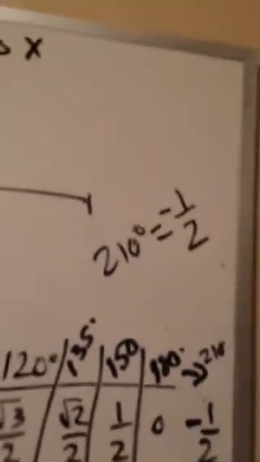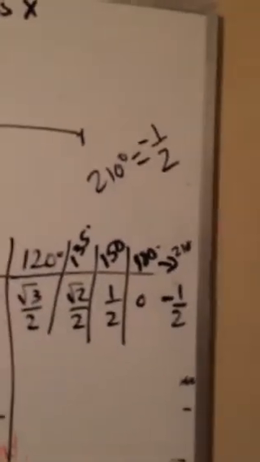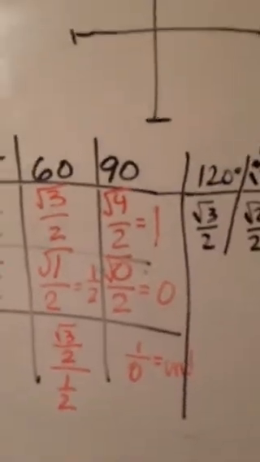I think it'd have to be negative 1/2. So if the sine of 210 degrees equals negative 1/2, then I never have to memorize anything except how to count from 0 to 4 and backwards from 4 to 0 ever again.